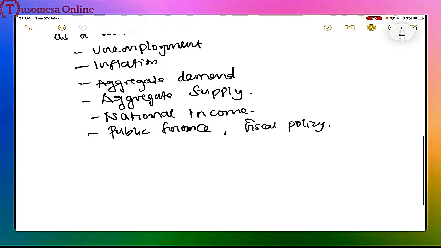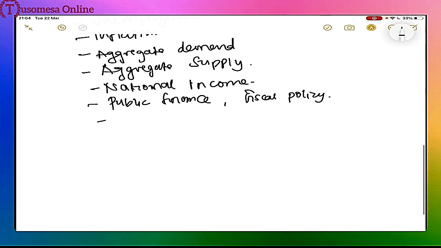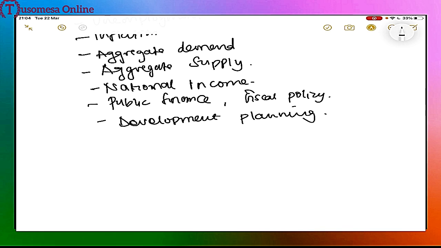Of course, you will also deal with planning, economic development planning. It is still under this, and many more other things that we shall be doing, like international trade and how one country interacts with another country. All that is from the macroeconomic point of view.